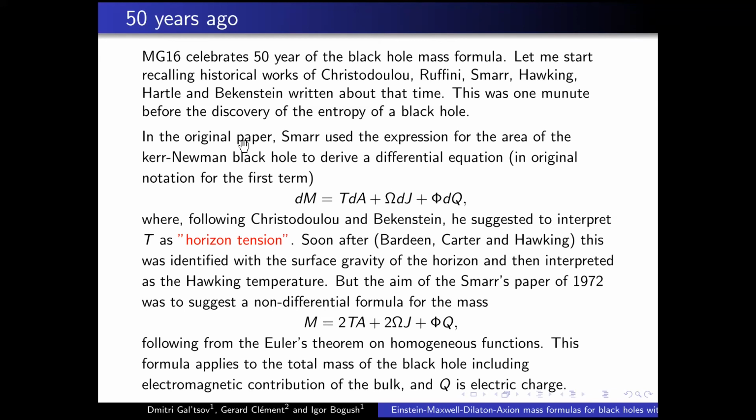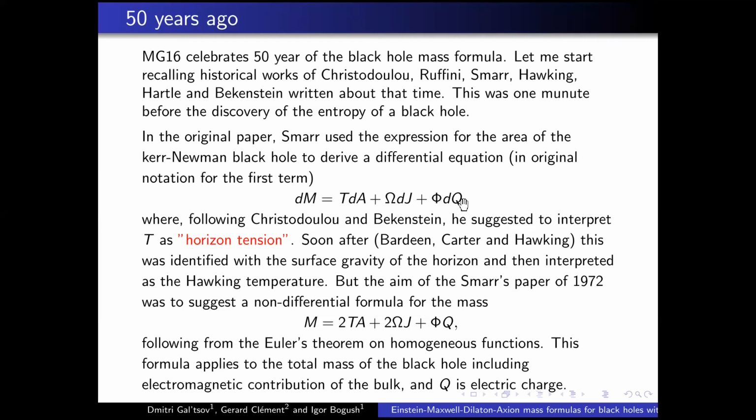I just say a few words about Smarr. Smarr took the Kerr-Newman formula and, differentiating this mass, he obtained this relation with something for T. He did not know about T, and he said that it is horizon tension. Also referring to Wittgenstein, who just defended his thesis at that time.